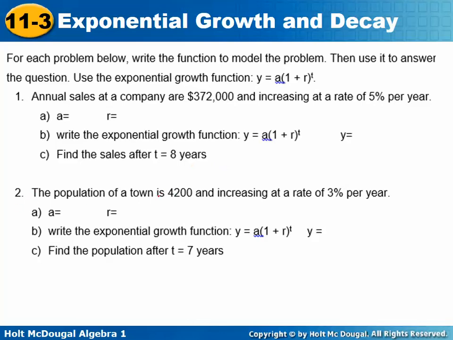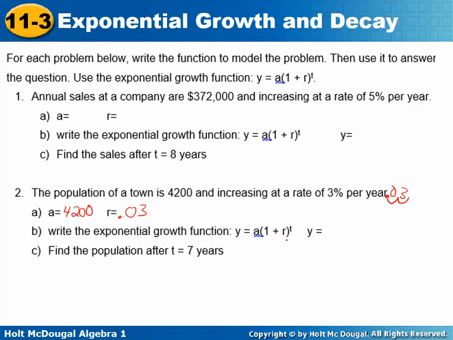The population of a town is 4,200 and increasing at a rate of 3% per year. A is our original amount of 4,200. The rate, we have to change 3% to a decimal. So 3%, move the decimal, which is at the back, 2 places, and it's 0.03, not 0.3.